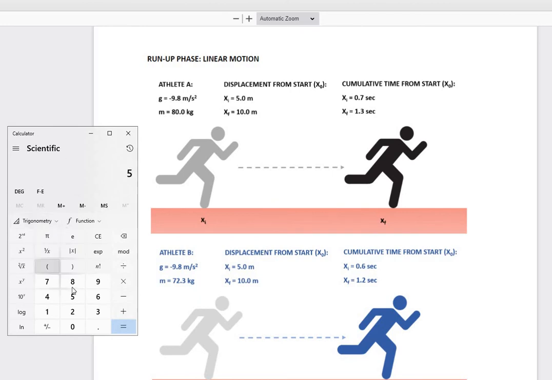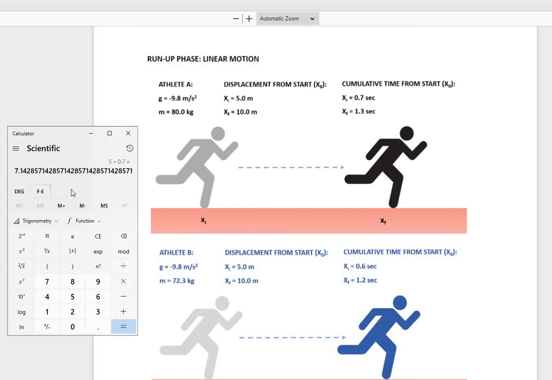Come along, calculator. There we are. And we divide this by the time it took them to get to that point, which is 0.7 seconds. Then we have 7.14. Now all of the numbers that are presented here are to 1 decimal place, so you too should go to 1 decimal place.